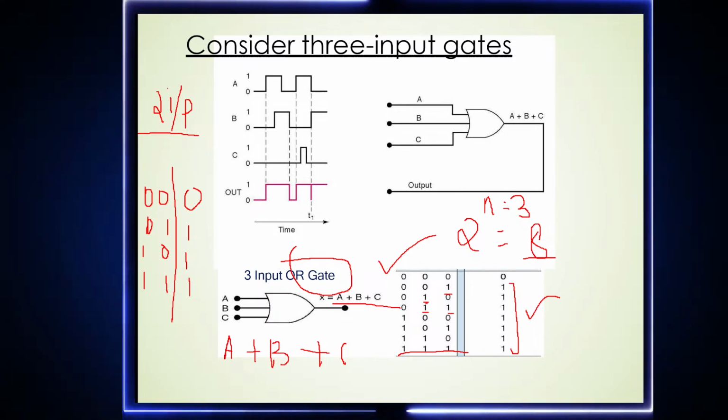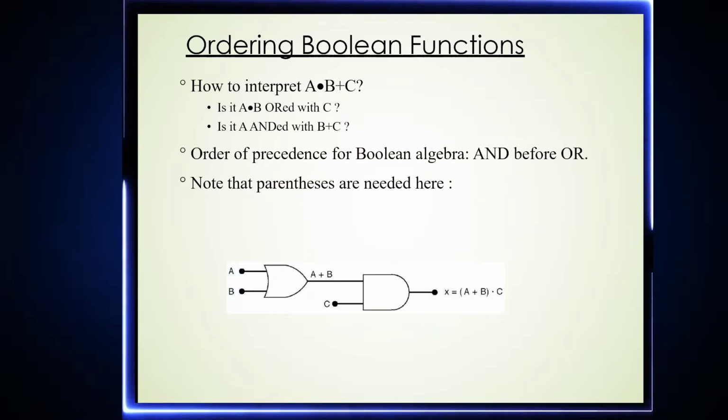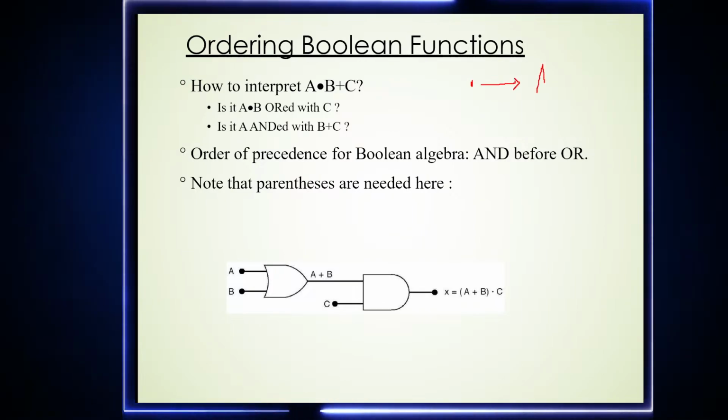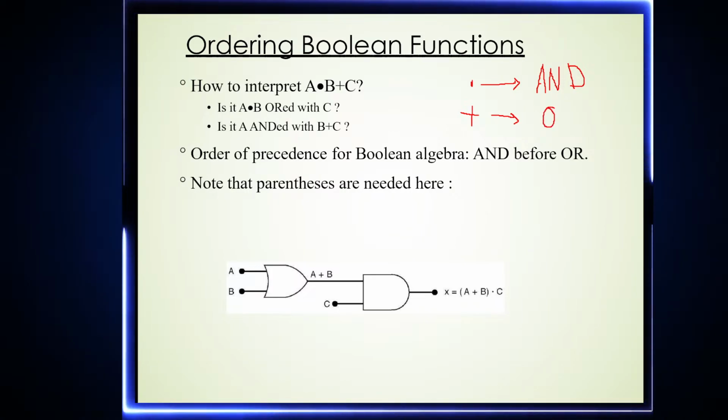Now let's move on to this. How do you interpret this? In case of Boolean functions, dot is considered as the AND function, and plus is considered as the OR function.